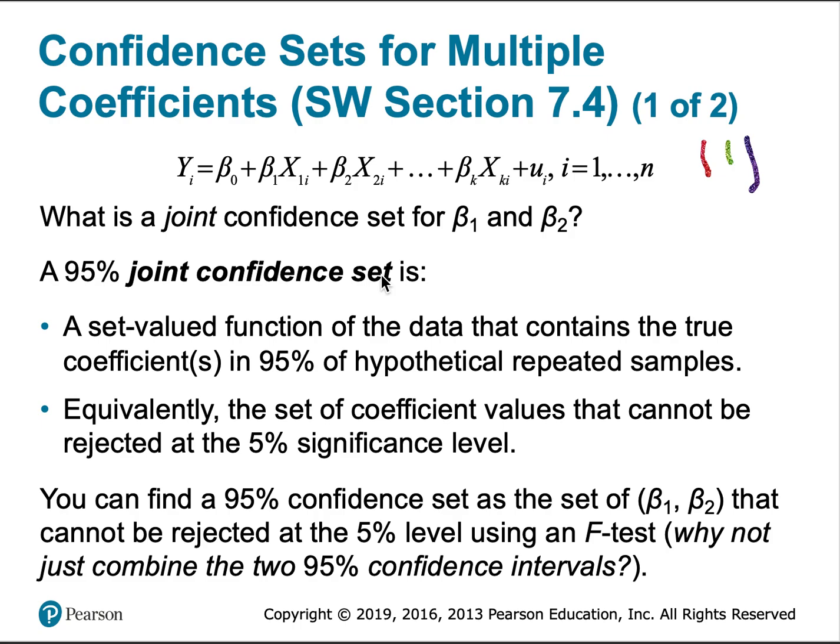So we need to use the F statistic to construct the 95% confidence set in order to construct a two-dimensional confidence region within which we believe the set of beta 1 and beta 2 will reside 95% of the time.